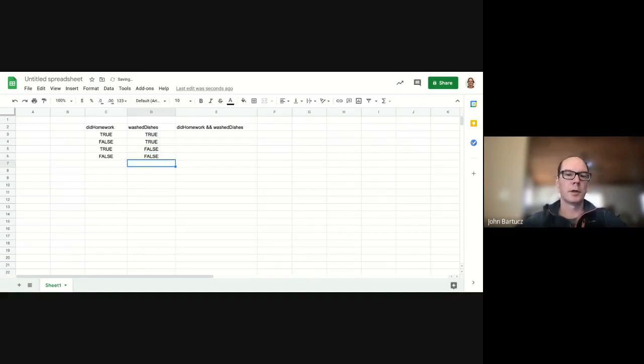So these are all the possibilities. They can both be true. Did homework can be false and wash dishes could be true. Did homework could be true, wash dishes could be false, or they could both be false.